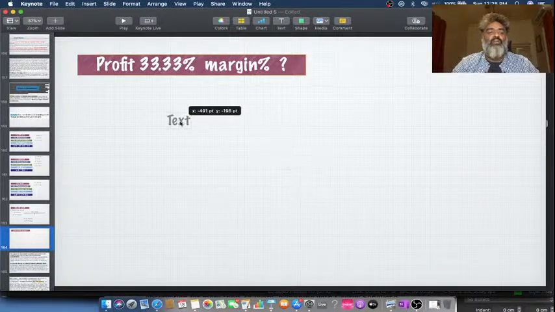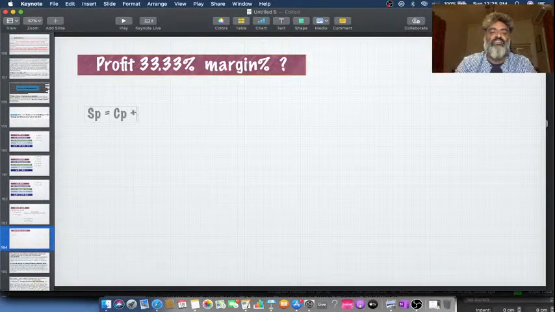Yeah, and just for beginners, cover it. SP is equal to, in fact, I'll go slower in the beginning. SP is equal to CP plus 33.33% of CP. My first shortcut would be to write 1/3 of CP. Then I can rewrite this as 4 by 3 of CP, right?